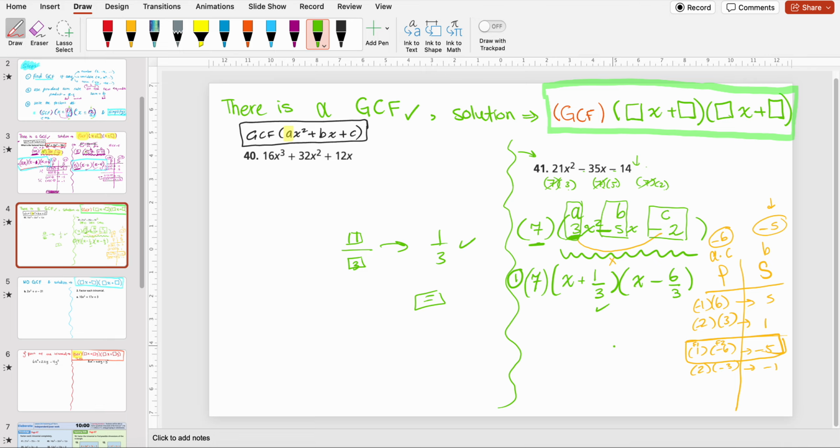So leave it. But this one, 6 over 3, if you do the same thing in your calculator and click equal, it's going to rewrite it for you as 2, because 6 divided by 3 is 2. So this one will be written as 2. If you can simplify it, go ahead.